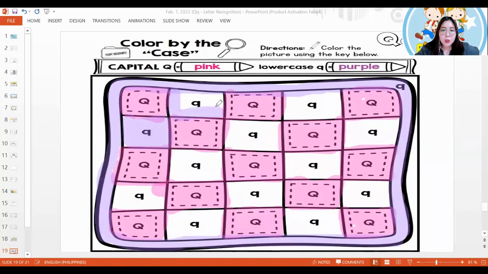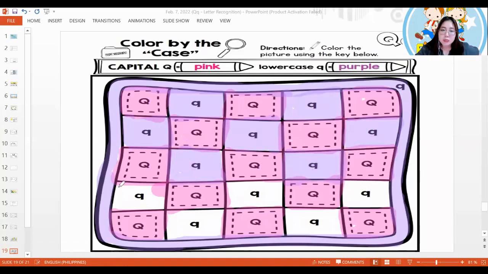So for our lowercase letter Q, we will use color purple. A colorful blanket with different colors and different patterns is called a quilt. Do you have a quilt also in your house?